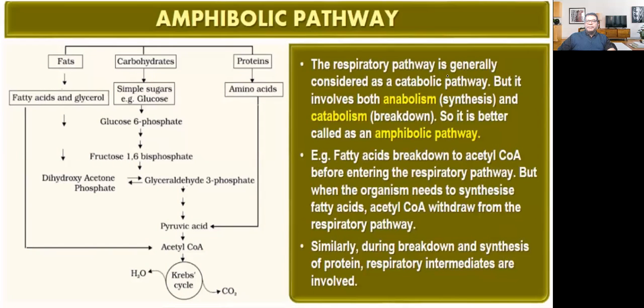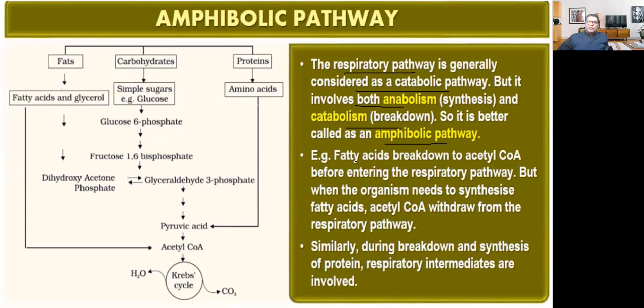The respiratory pathway is generally considered a catabolic pathway, but it involves both anabolism, synthesis, and catabolism, breakdown. So it is better to call it an amphibolic pathway. There is catabolism and anabolism both in the respiratory pathway. That's why it is called amphibolic.